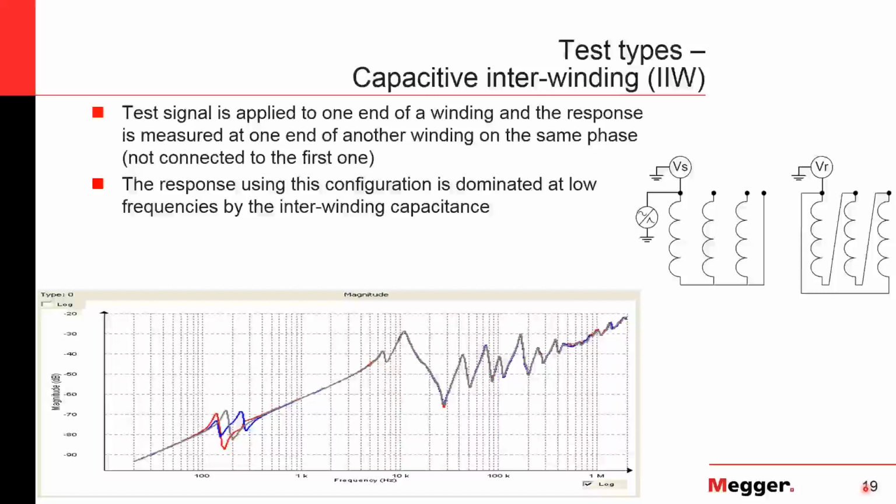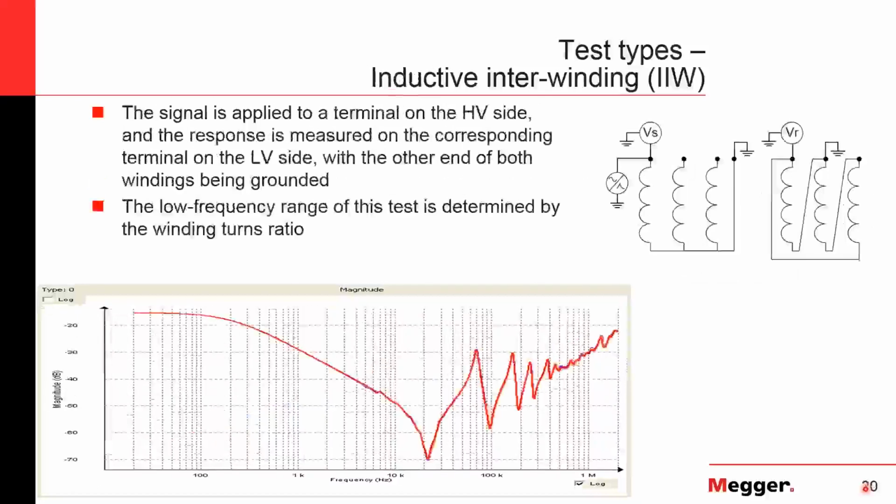So you're applying to the primary and measuring on the secondary. At the low frequencies, it's really dominated by the interwinding capacitance, and then it changes as you go up. There's a little typo there that says IIW, but it's really capacitive interwinding, so it should be CIW.